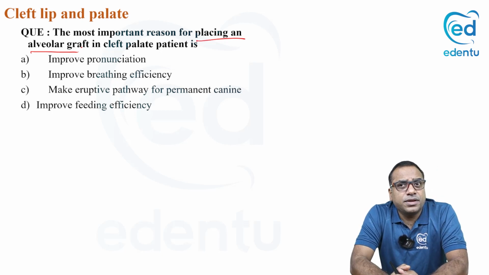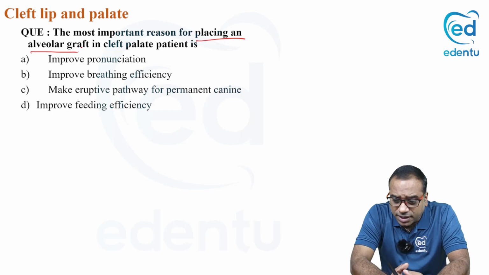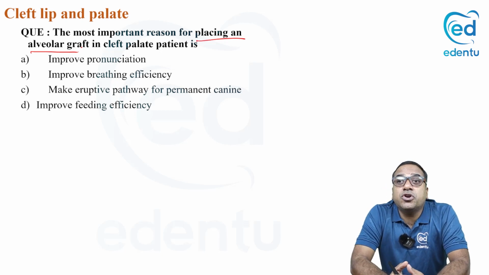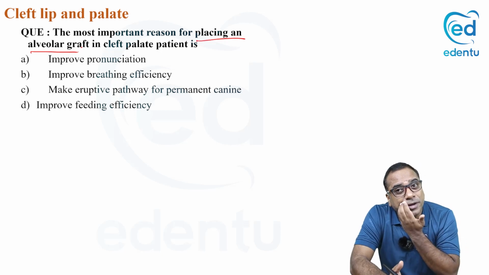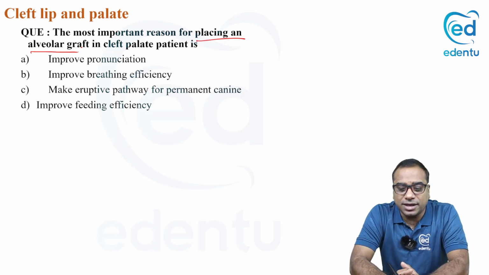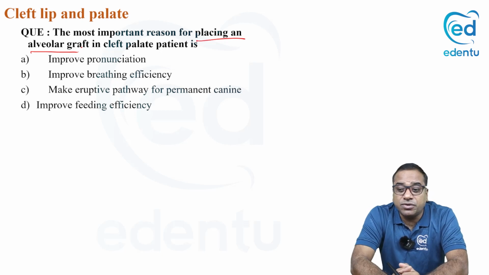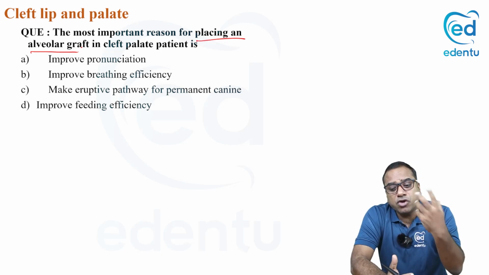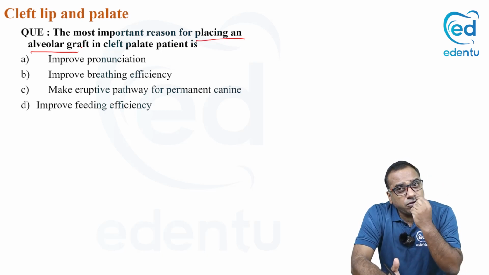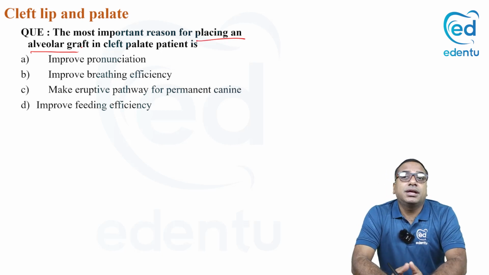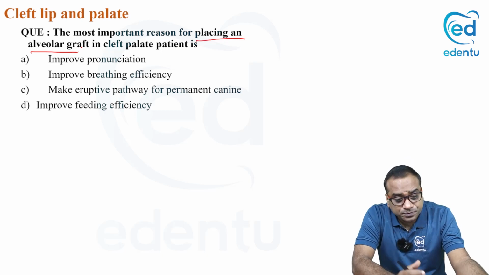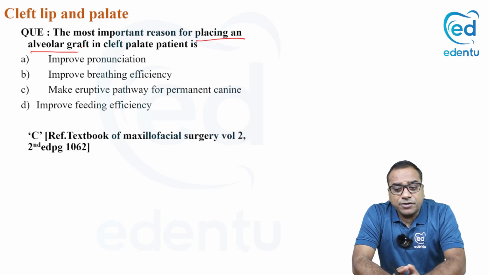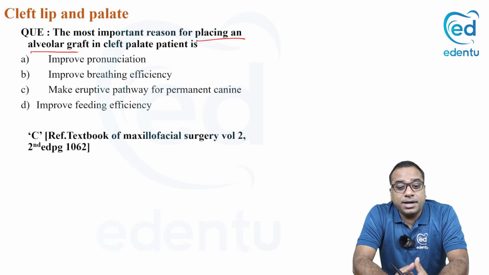The main aim of alveolar grafting in cleft cases is to restore normal form and function of orofacial tissues. If the bone is proper, soft tissue will also develop accordingly, thereby allowing the child to develop to his or her full potential. If you give the bone, everything will follow it. So the answer is making an eruptive pathway for permanent canine eruption.